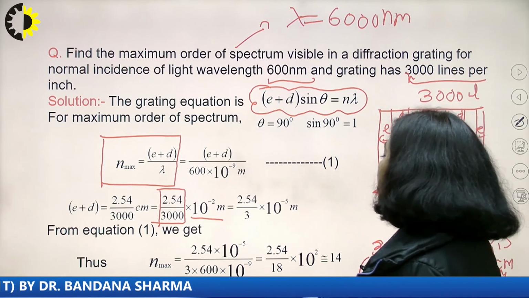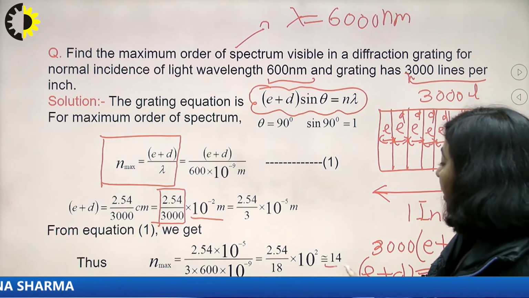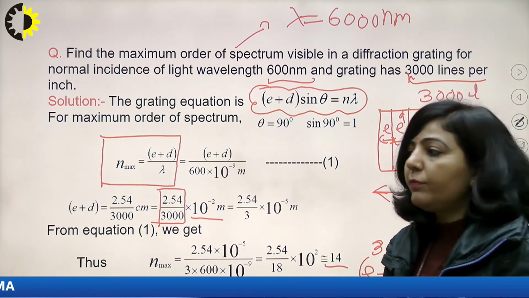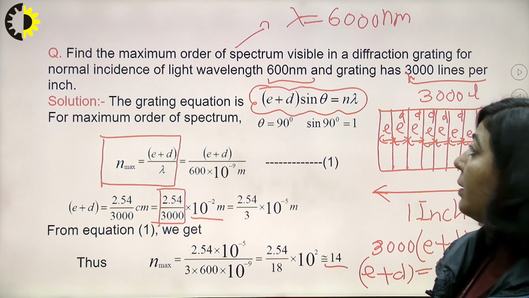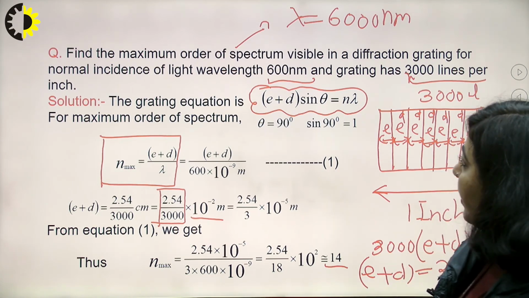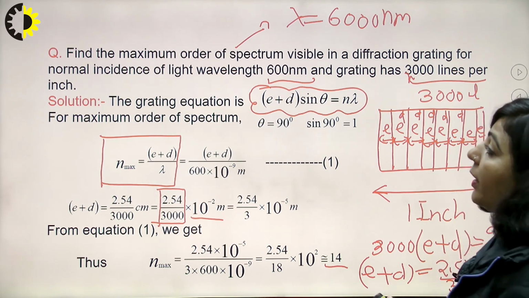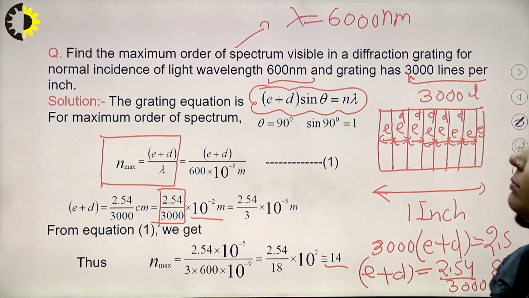After substitution, you get n max as 14, meaning the maximum possible order we can get through this grating, whose specification is 3000 lines in 1 inch with a light source of wavelength 600 nanometer. So this is the way you can calculate the maximum possible order for a grating.